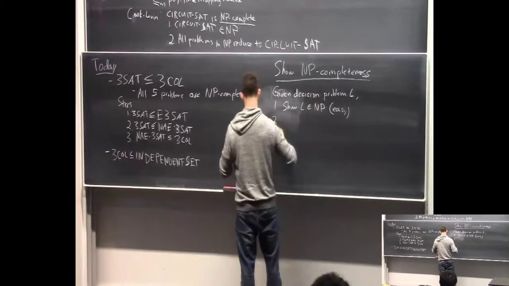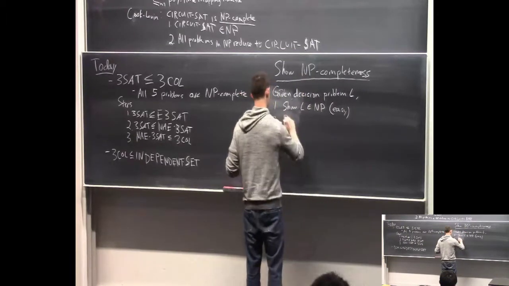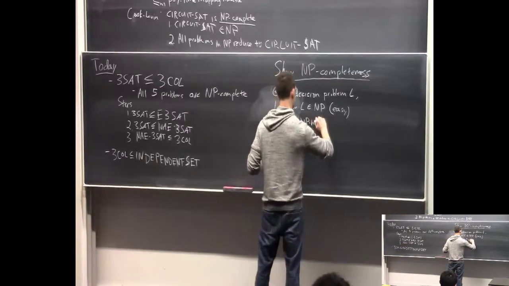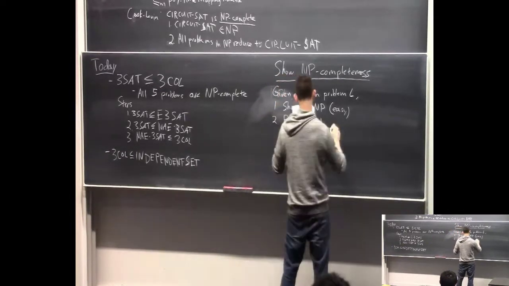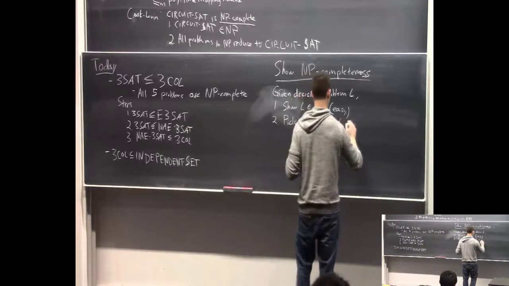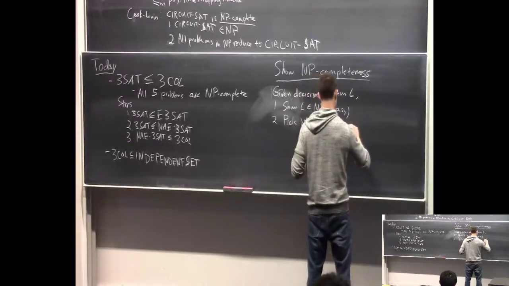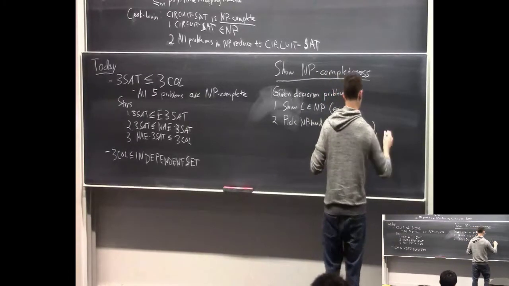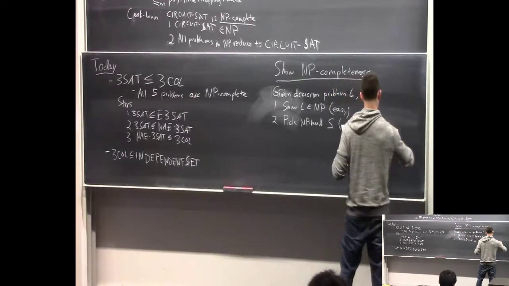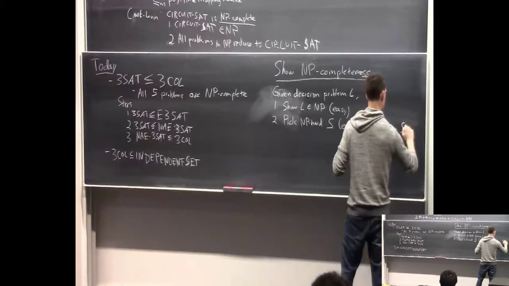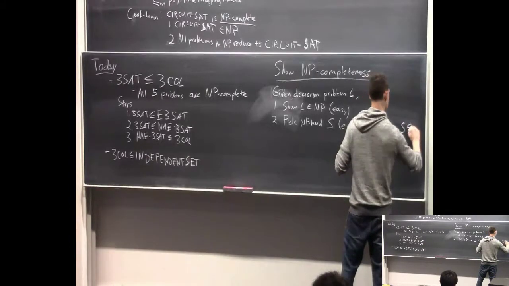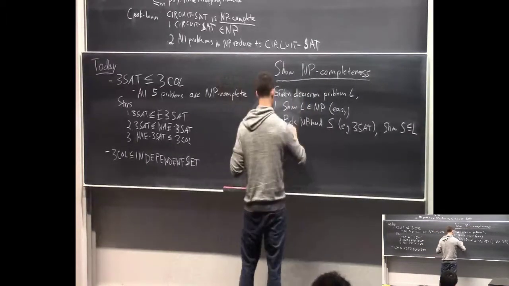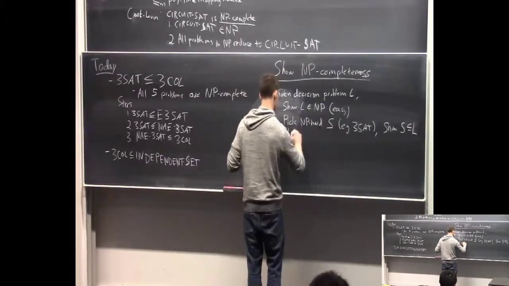And two, we're going to pick an NP-hard decision problem S. For example, often we choose 3-SAT. And we're going to show that L reduces to S. To do this is to use a reduction.